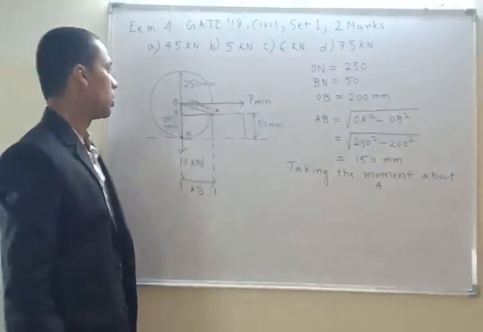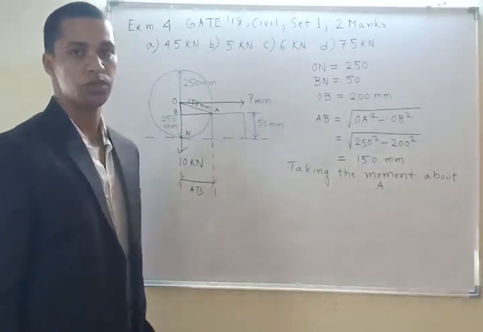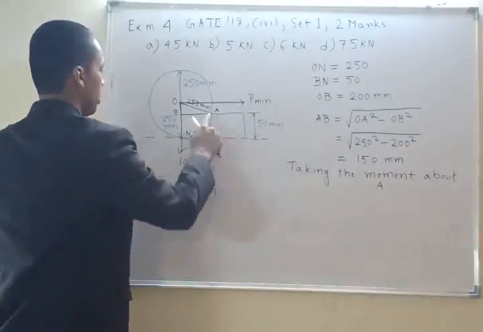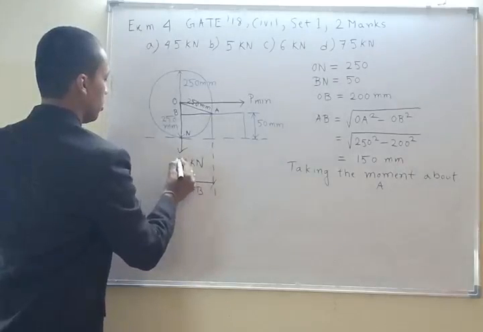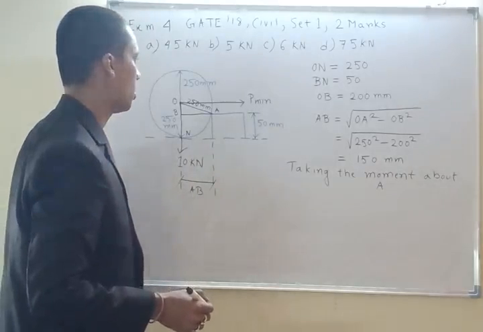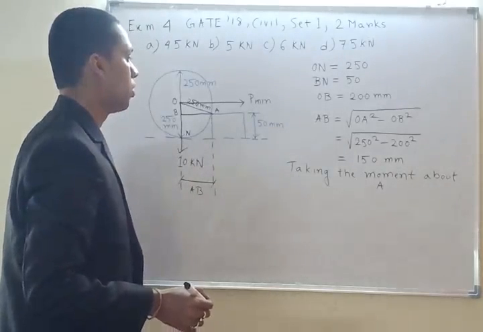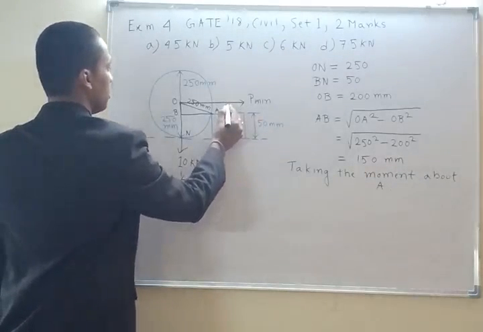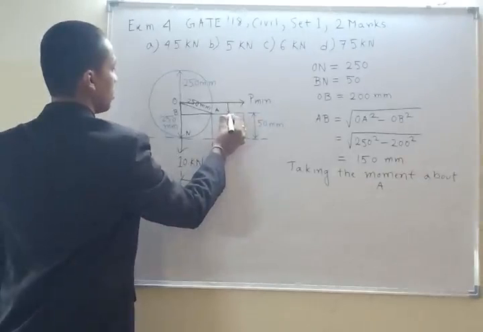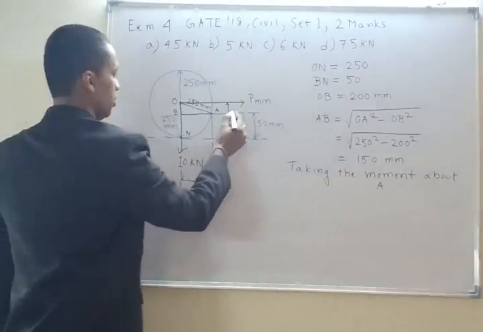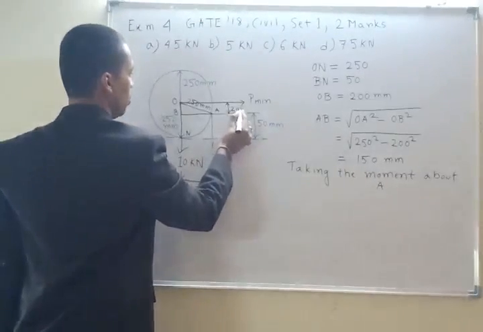It means finding the perpendicular distance of the two forces from A. From A, the 10 kilonewton force is acting at a distance of AB, which is 150, and P minimum acts at a distance OB, which is 200.